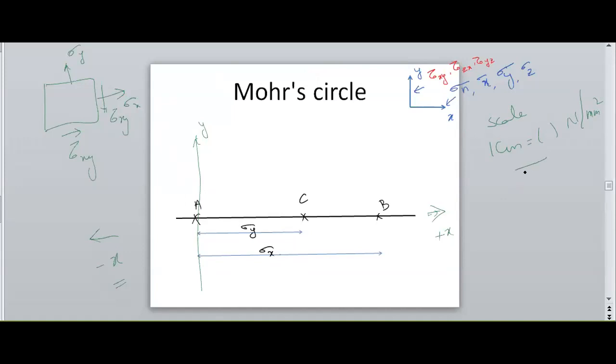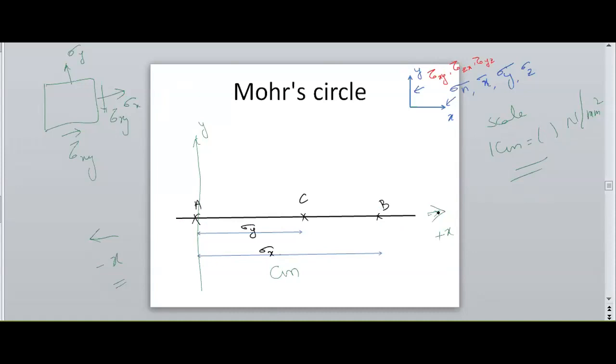Depending on the length of your paper, you can decide this scale. It is a scaling factor. With this scaling factor, I need to find the sigma x value, and mark the points A and B in centimeters on a horizontal line.